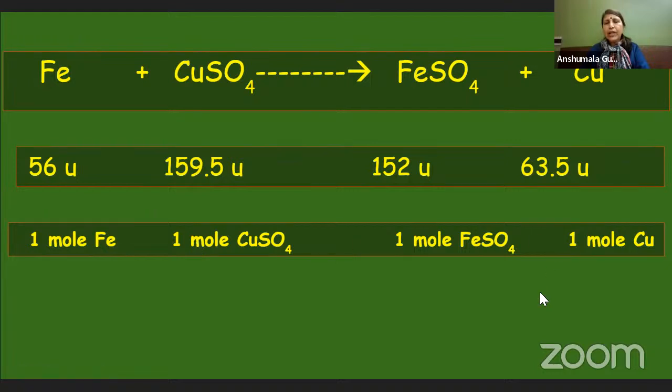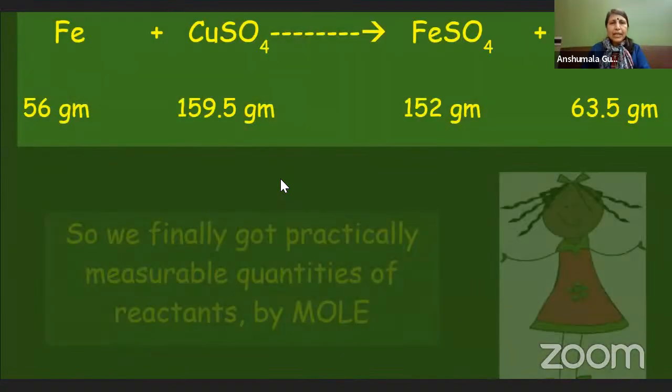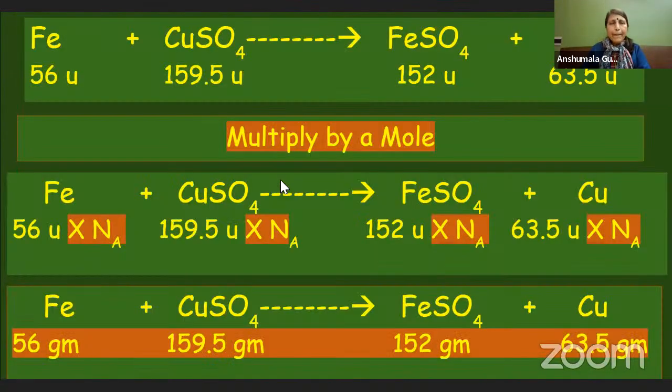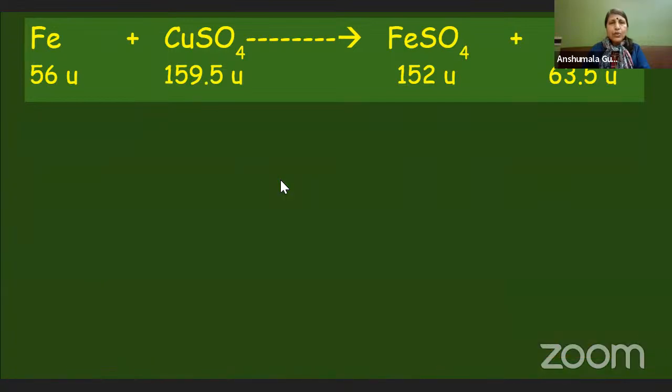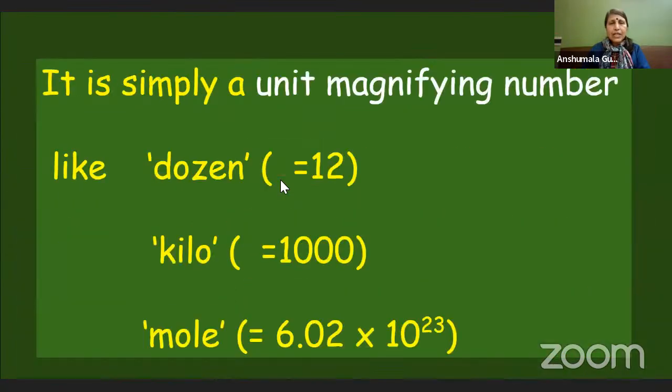Yeah, it has to be equal. It cannot be anything else because it's the same atoms going from one place to another. But in copper sulfate, it is 159.5 u. Then ferrous sulfate, it is 152 u. See, I had earlier given weights of each of these separately, no? Let me get back to where I have given individual weights of each of these.